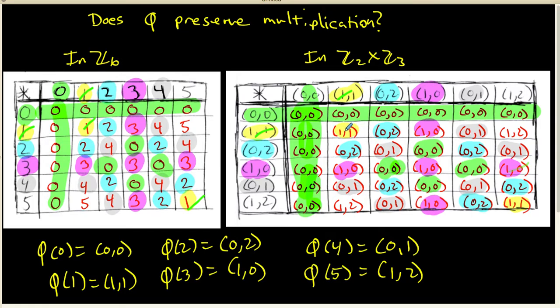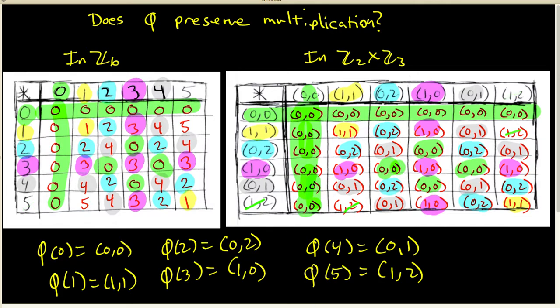There aren't that many yellow dots, so they're kind of easy to spot. The gray blobs are in the same places. And finally, the uncolored white things are in the same places. The 5s in the Z6 table are in the same places as the 1, 2s are in the Z2 cross Z3 table.